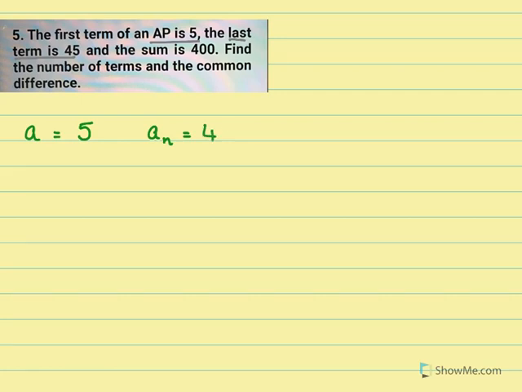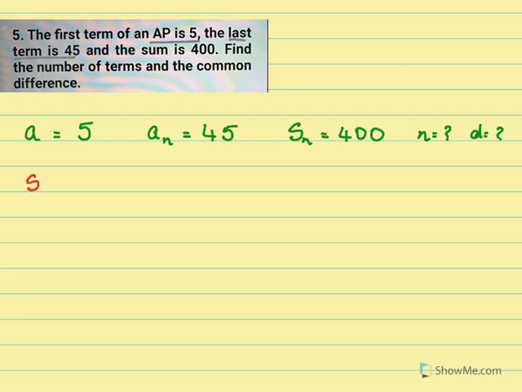So An or L equal to 45. And the sum is 400, which means sum of all the terms Sn is 400. Find the number of terms and the common difference. Number of terms means we need to find n and the common difference d.